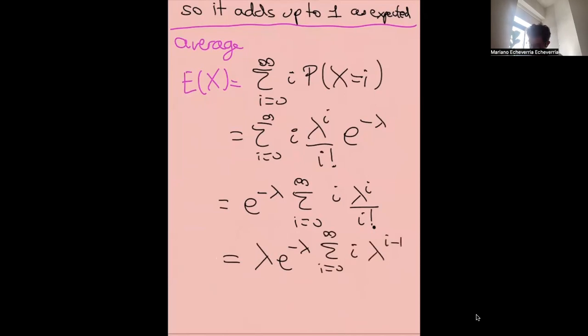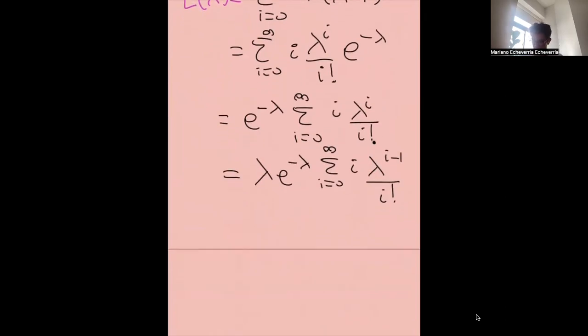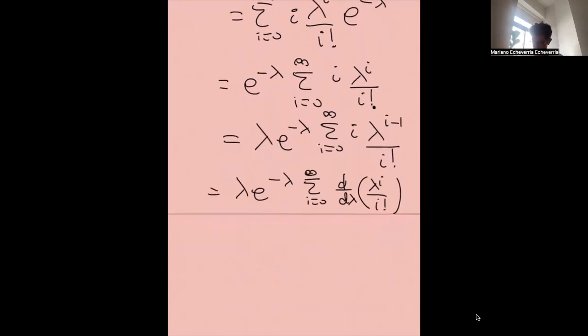So now it's lambda to the i minus 1 over i factorial, right? You can expand the factorial. This is fine, and then this is the derivative with respect to lambda of lambda to the i over i factorial, right? This sounds fine. And then, again, you take out the lambda outside.